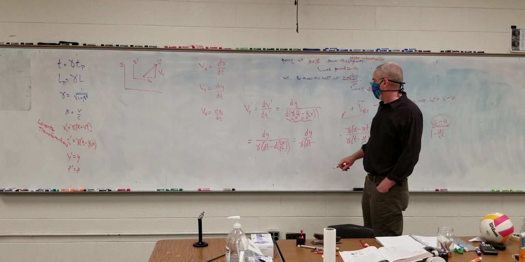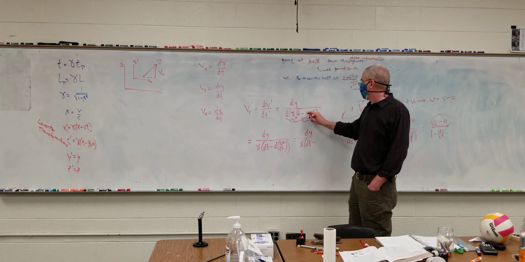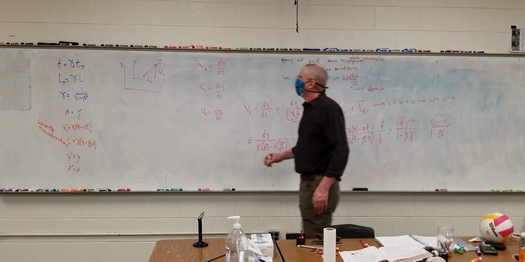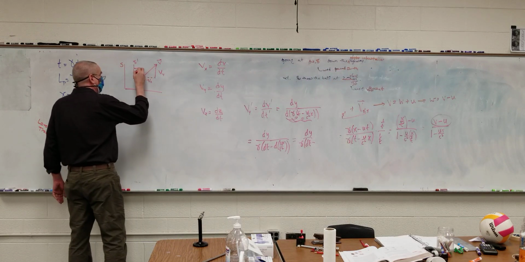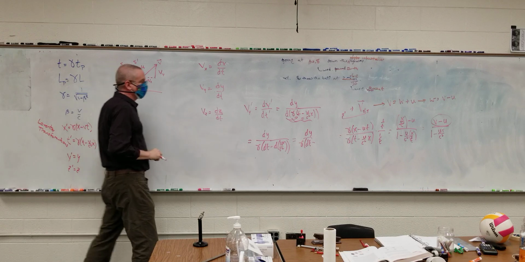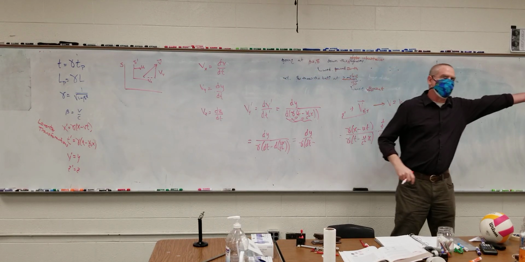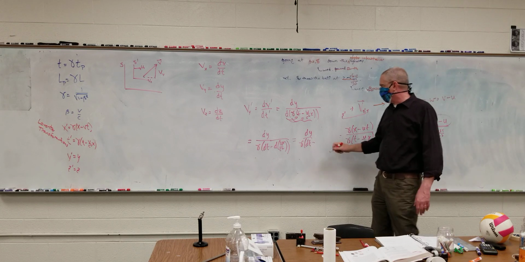probably should use the same letters I was using before. Call that, sorry, I'm going to make that u. So S prime is traveling at u. U is a constant. This thing is just moving off to the right at some constant value.